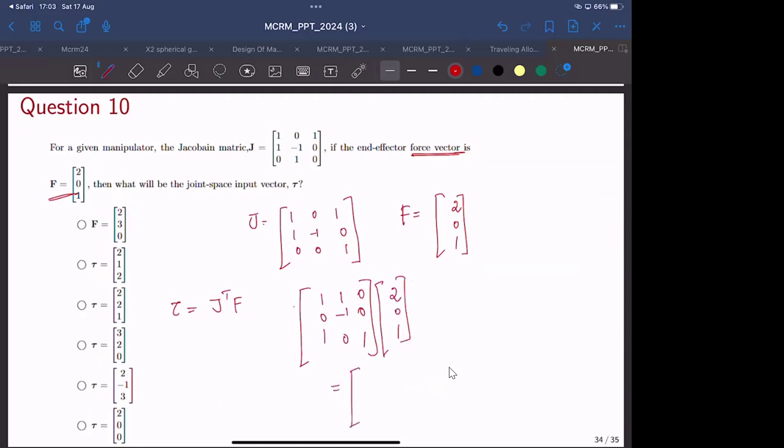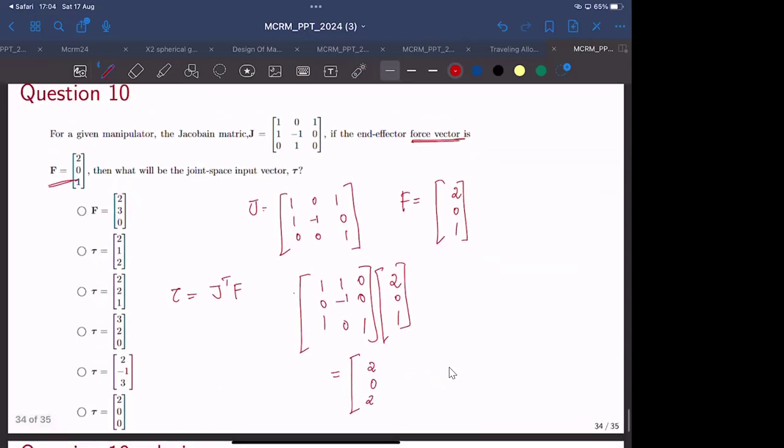If you multiply this out, you will get 2, 0, 2, I guess. But we don't have that option. Did I get this correct?